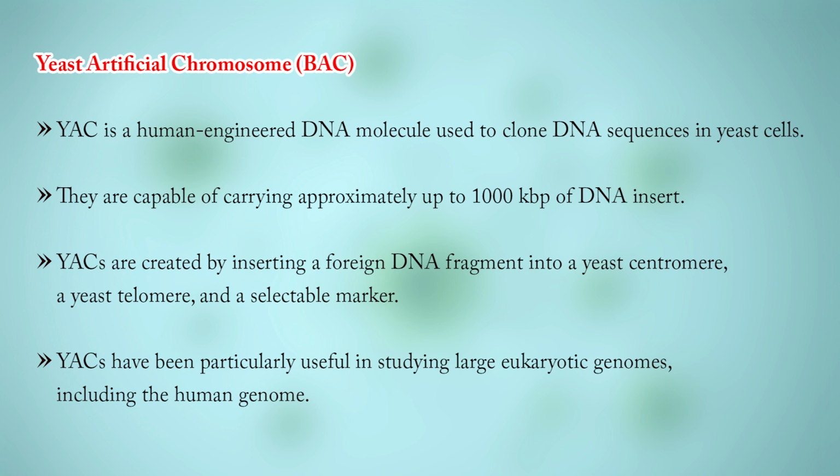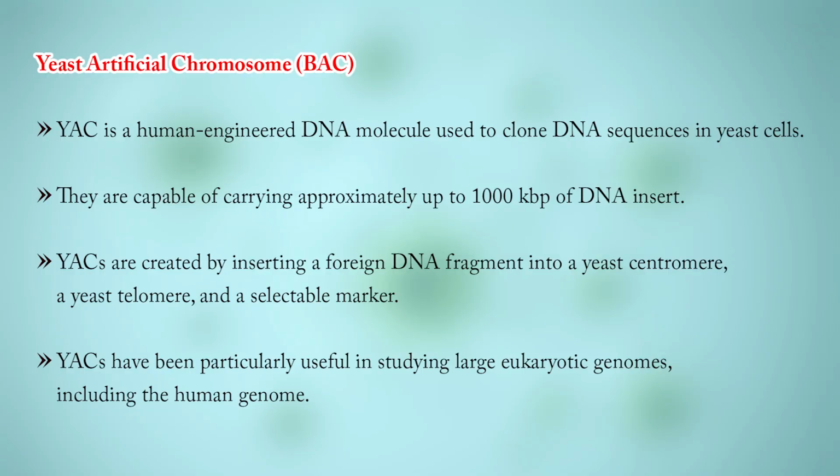Now it has been extended from 300 kilobase pairs to several thousand, up to 1000 kilobases of DNA insert. So, the YAC, or yeast artificial chromosome, can take the foreign DNA insert into the yeast chromosome.